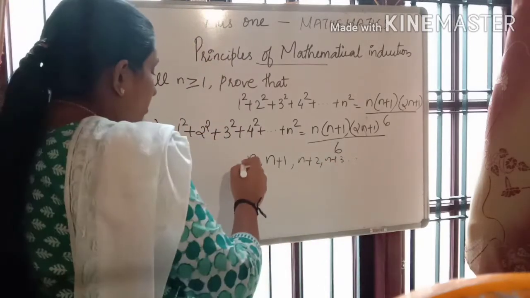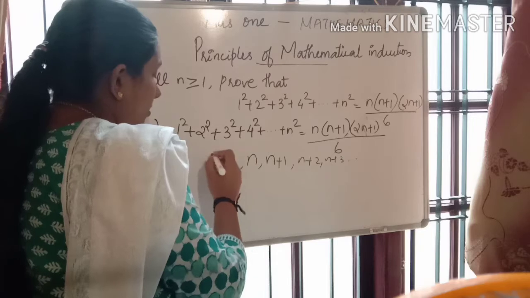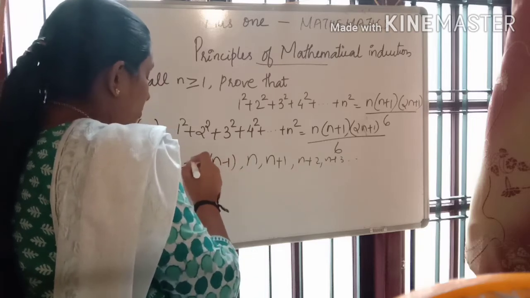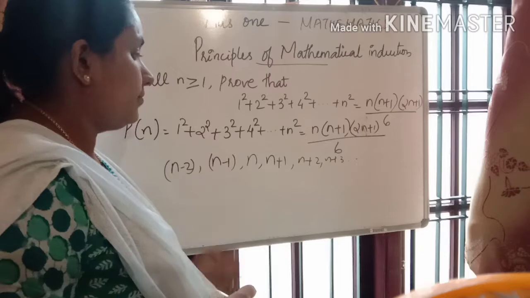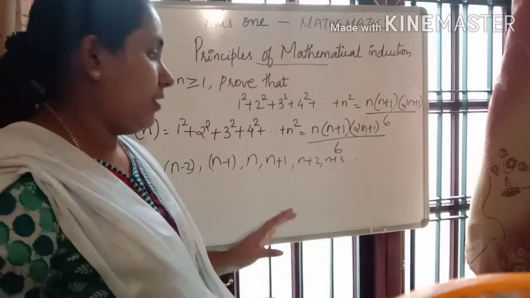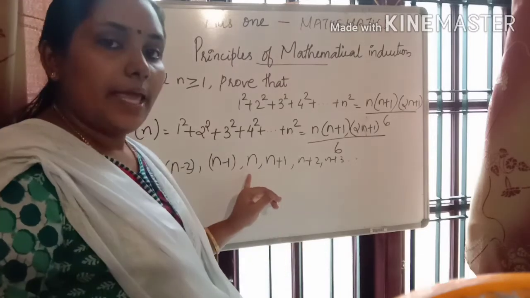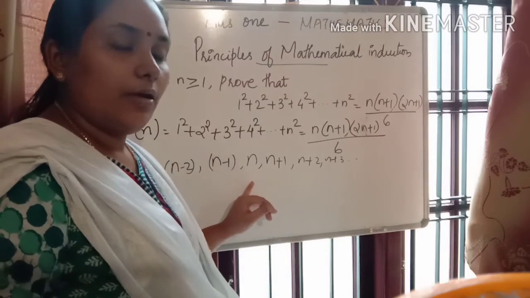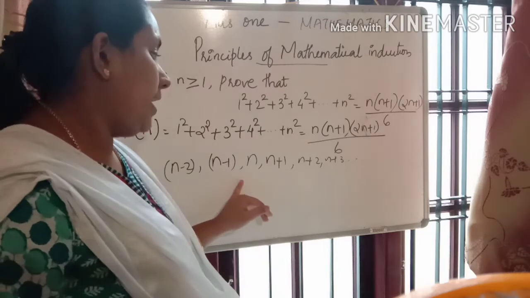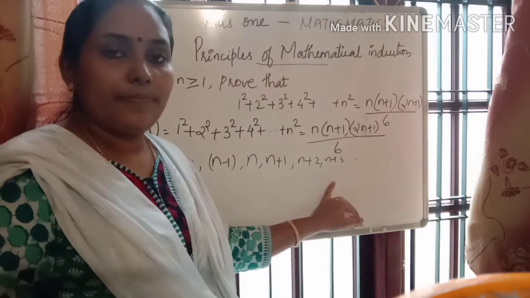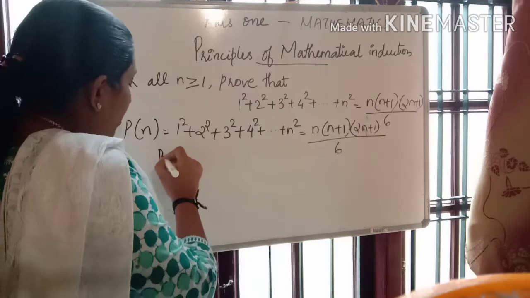Before n, it is n minus 1, n minus 2, like that it continues on the other side. Okay, all clear? As n, p, k or any alphabet, we can write it like this.